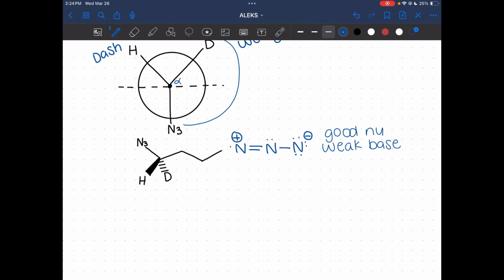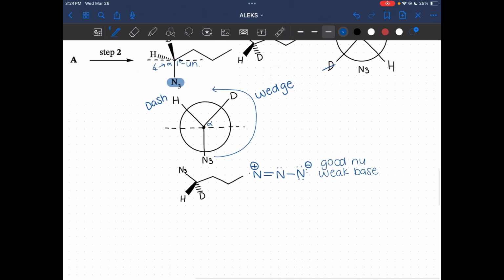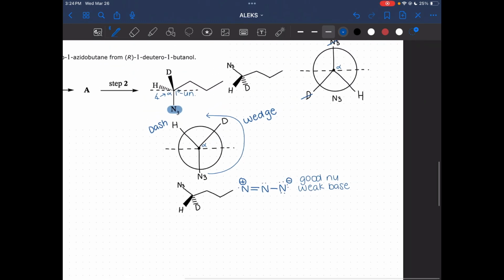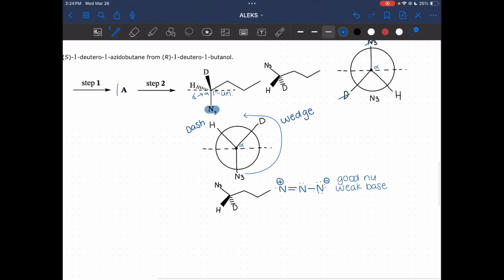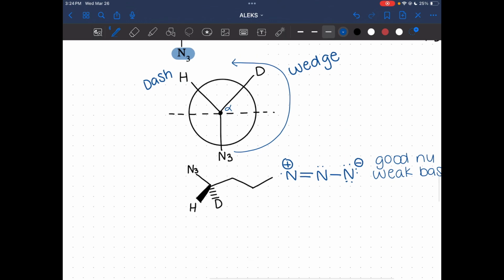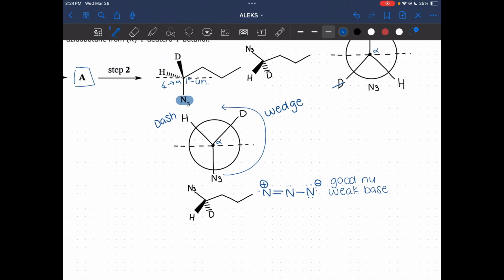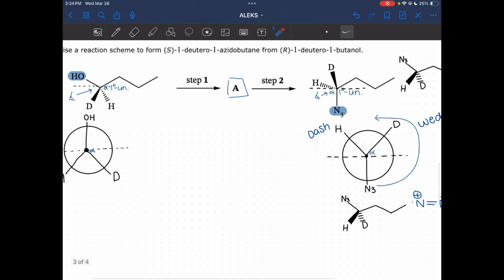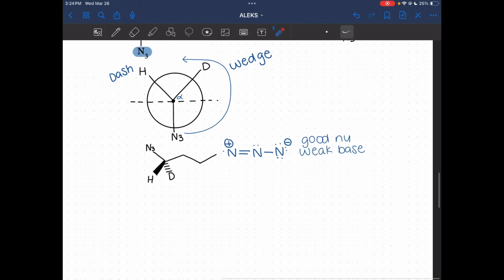So again, if I have a good nucleophile, weak base, and my intermediate, I know we didn't draw it yet, but our intermediate is most likely also going to be primary unhindered. We're not changing anything about that between the starting material and final product.